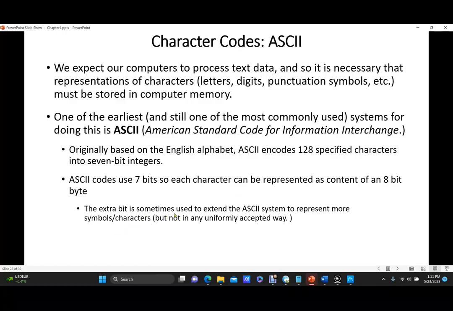The extra bit in some systems is used to extend the ASCII system to represent more symbols or characters. But there are several different ways this is done, no uniformly accepted way. More common use of the extra 8th bit is for error checking.